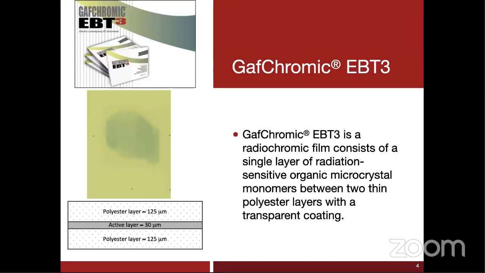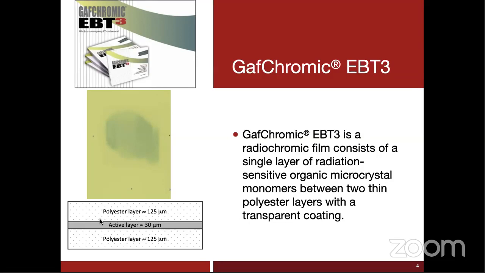So please don't ask me what that means, okay? I'm just reading it out. But it actually went through a lot of development. There was EBT and then EBT2, EBT3. The nice thing about EBT3 is that the active layer is sandwiched between the two polyester layers, so really dead middle.